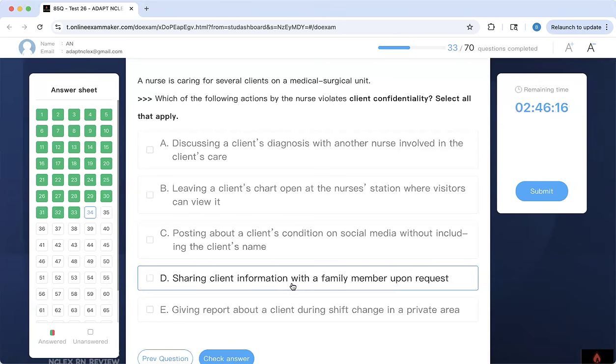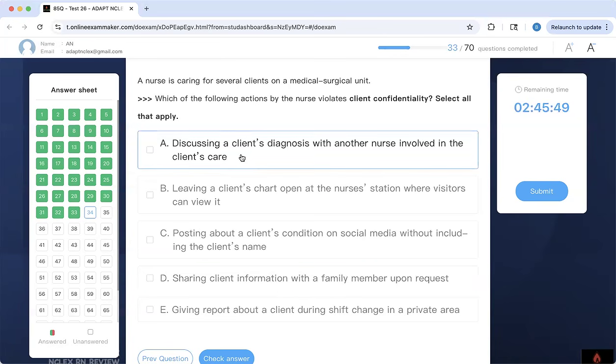Posting about a client's condition on social media without including the client's name. Sharing client information with a family member upon request. Giving report about a client during shift change in a private area. What do you think violates client confidentiality? HIPAA violation. Pick your answer. Select all that apply. Don't over-select.